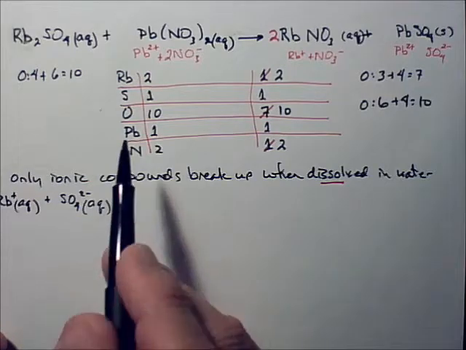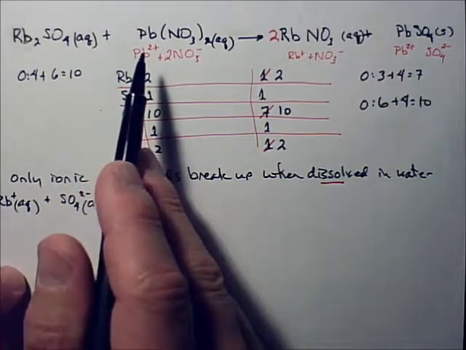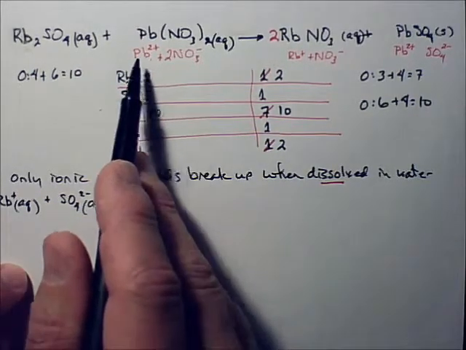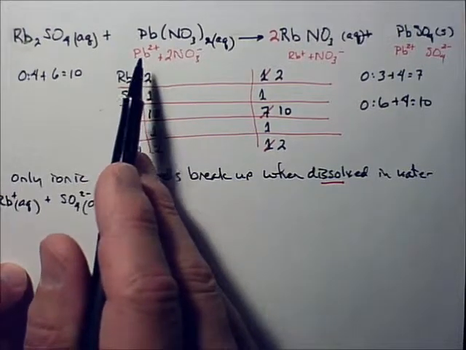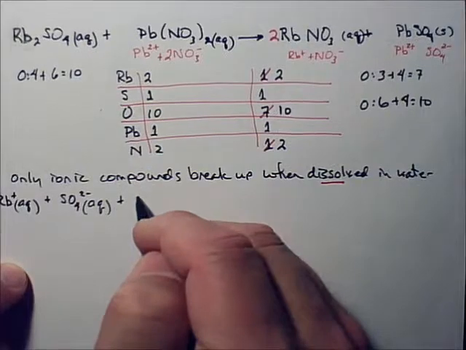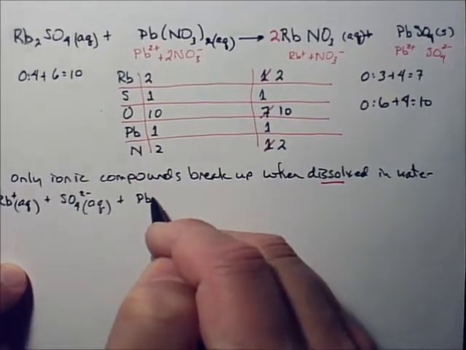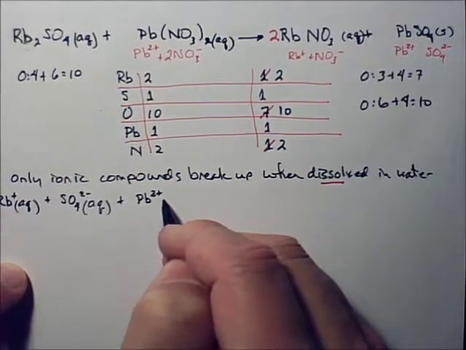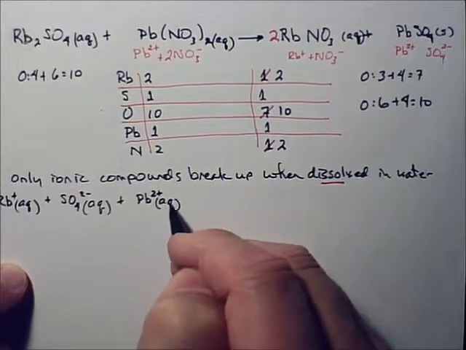Okay? And here's lead 2, and when we figured out what the charge on the lead was, we already pretty much broke that one up, didn't we? So that one made it easy for us because we've already got it written out. The only thing we have to add to it is aqueous.